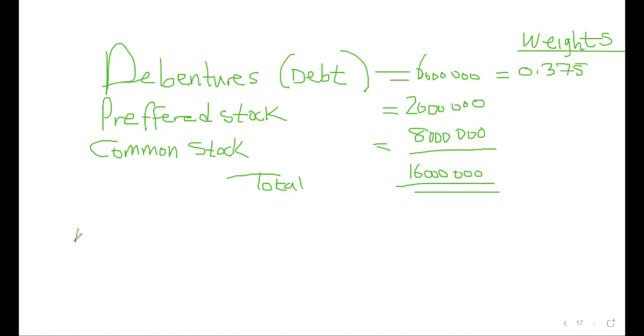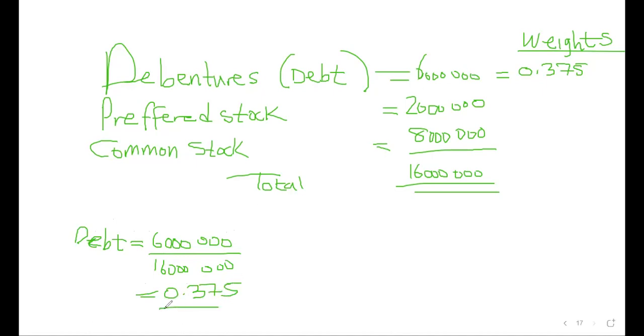So for debt, we are simply saying the weight of debt is equal to 6 million, then you're dividing by 16 million to find the weights, which is giving us 0.375. So we are getting the weight of debt.